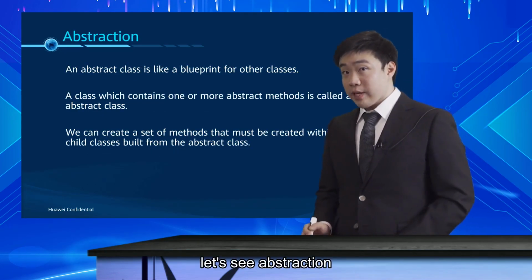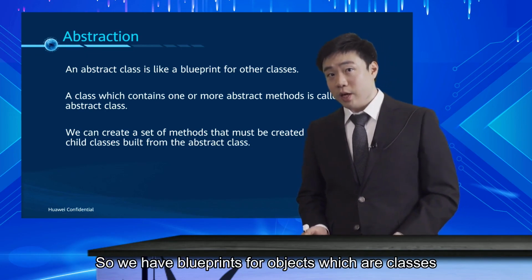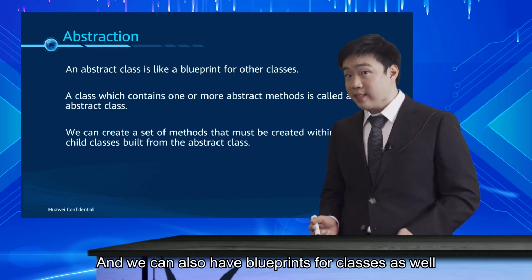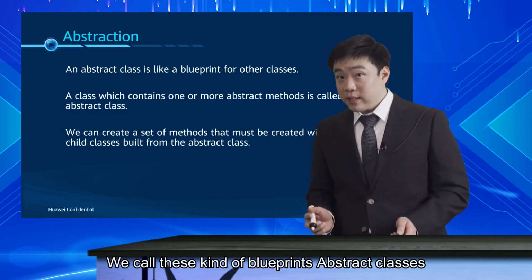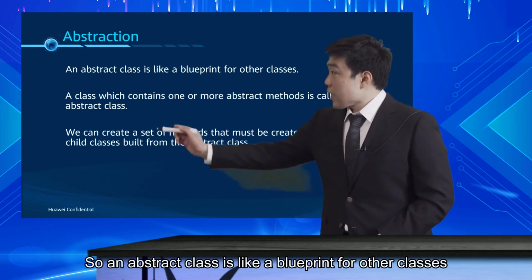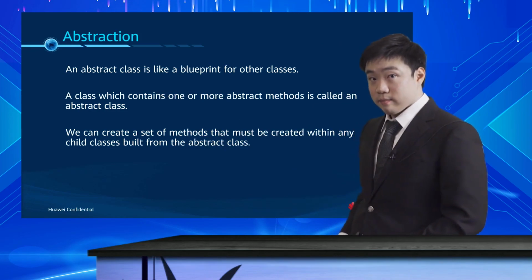Next, let's see abstraction. So we have blueprints for objects, which are classes. And we can also have blueprints for classes as well. We call these kinds of blueprints abstract classes. So an abstract class is like a blueprint for other classes.